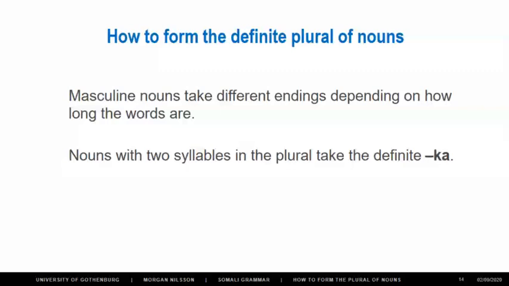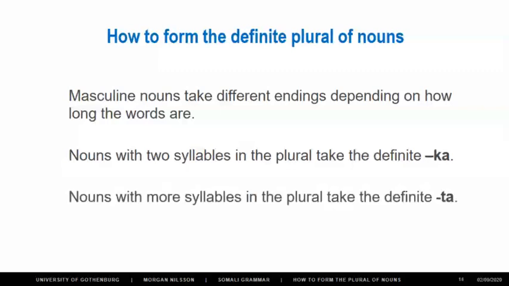And if there are two syllables, the definite article will be ka. But if there are more than two syllables in the plural form of a masculine noun, the definite article will be ta. So two syllables in the plural, definite article ka. More syllables, definite article ta.